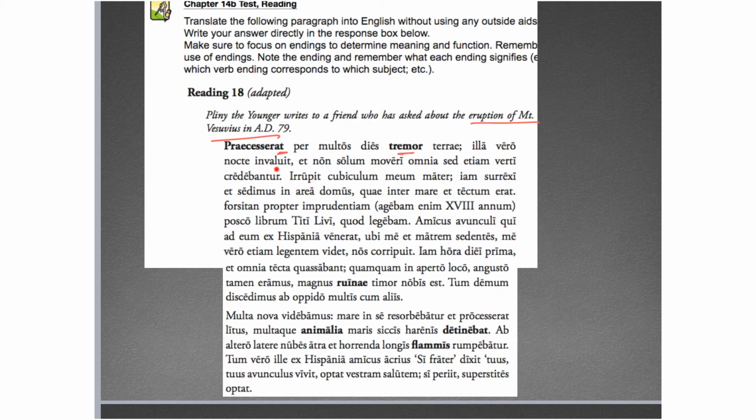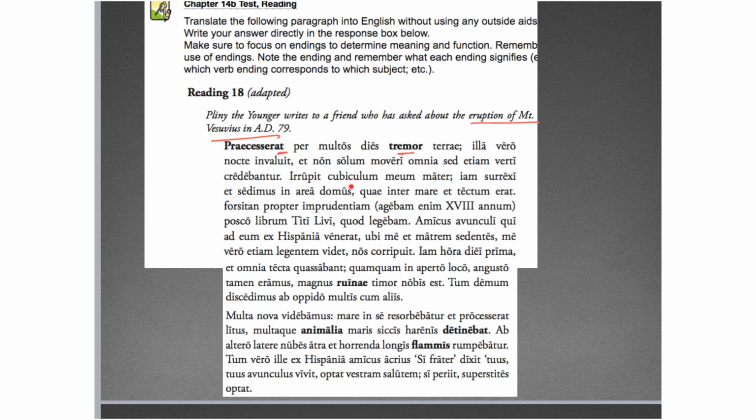I gotta check that word. Apologies. All right, and everything was believed. Note that passive there. Everything was believed not only to be moved, but also to be sort of turned over. So it was seen. So everything was sort of in chaos. Everything was going all over the place. This is sort of the earthquake or the shaking of the earth from the eruption.